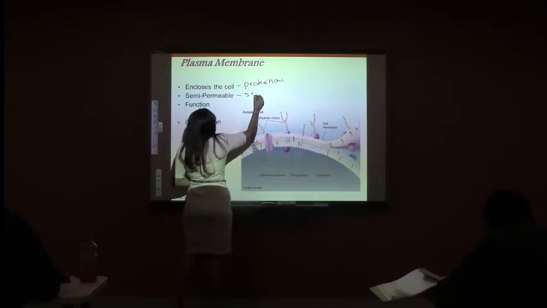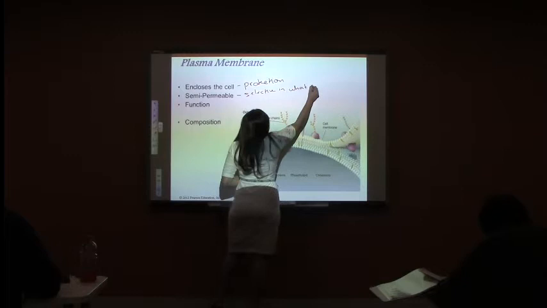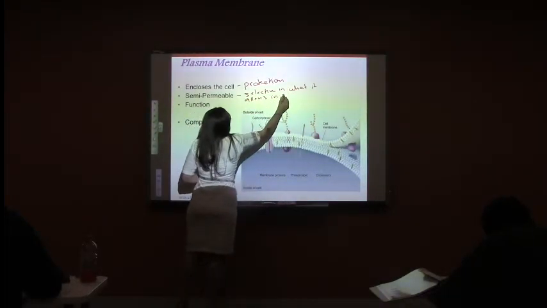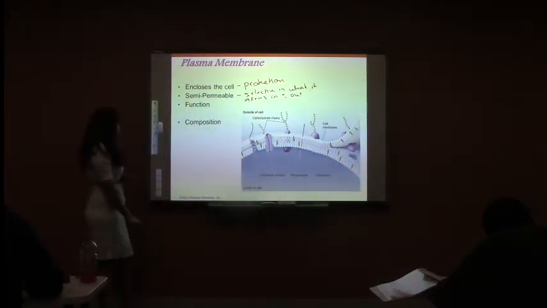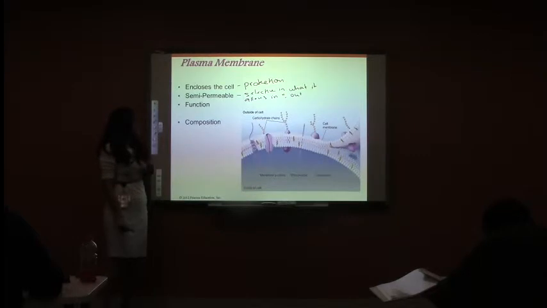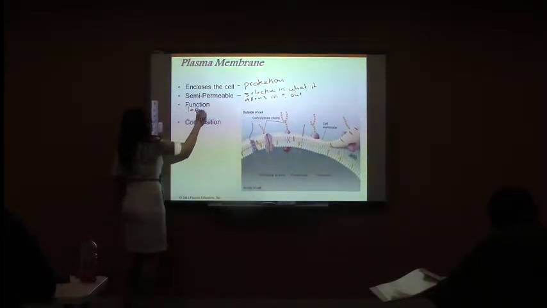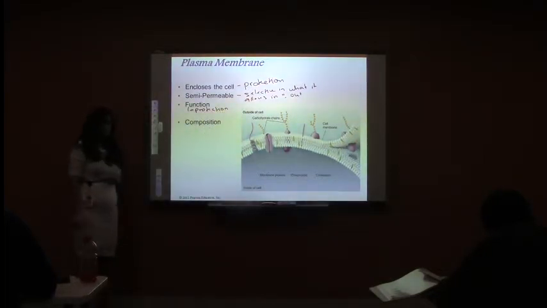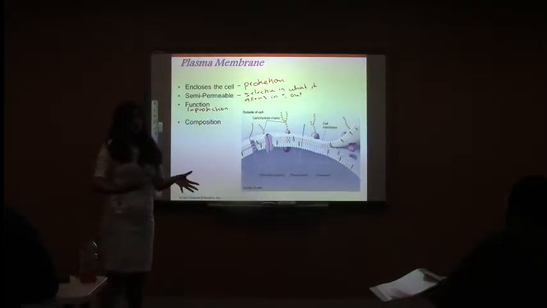Selective in what it allows in and out. The function of the cell membrane is protection, because it doesn't let the good stuff escape that easily, and it doesn't let the bad stuff come in easily.